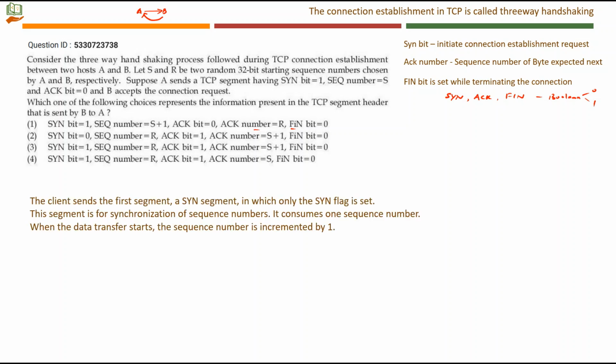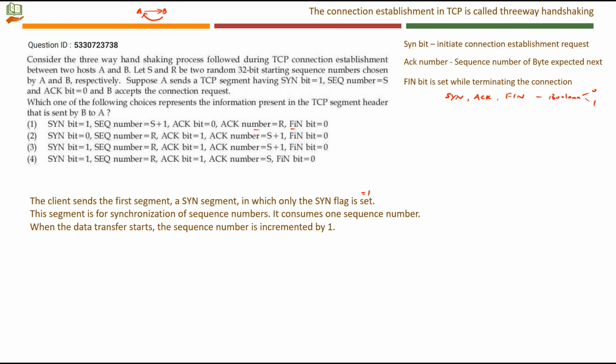The client sends the first segment. It is a SYN segment in which only the SYN flag is set. It means the value is equal to 1. This segment is for synchronization of sequence numbers. It consumes one sequence number.